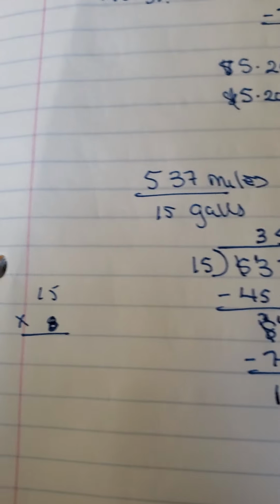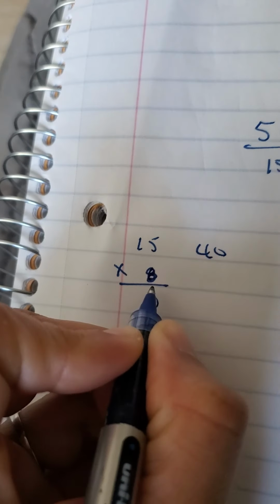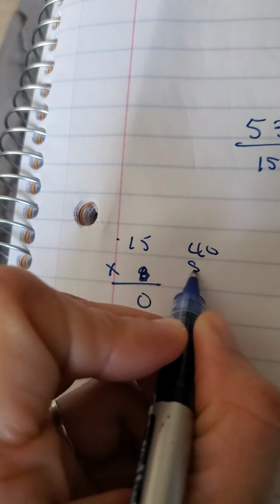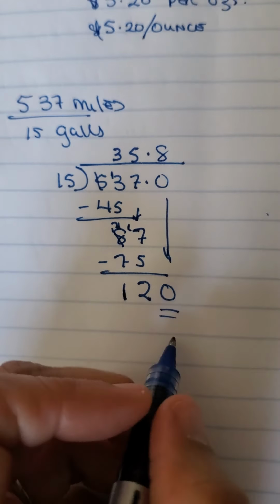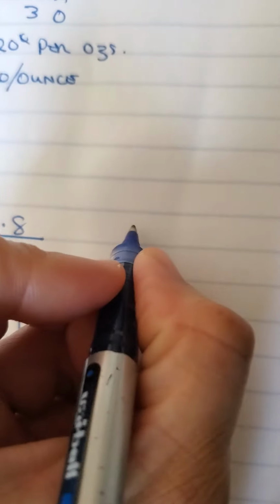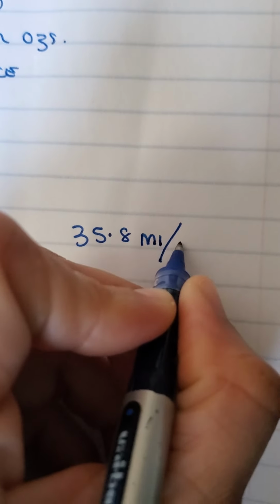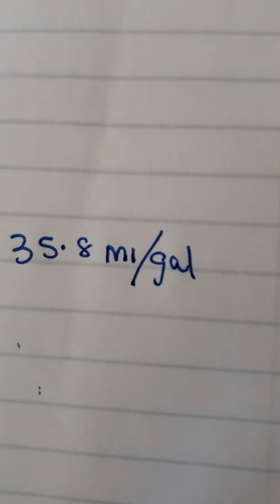I'm looking for a 0 at the end, so I'm going to test it out with 8. 8 times 5 is 40, and 8 times 1 is 8 and 4 is 12. Boom. Nice, I am left with no remainder. So it looks like it's 35.8 miles per gallon.